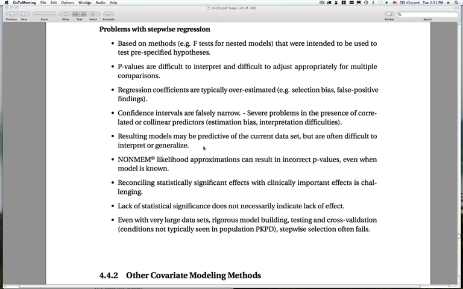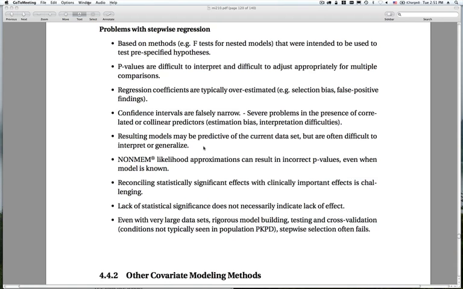In NONMEM, our likelihood approximations here are known to result in incorrect p-values, even when you know the underlying model. And simulation studies have demonstrated this time and time again. So that's another concern: is the likelihood ratio test actually performing the way we think it is? Reconciling the statistically significant effects with clinically important effects is a challenge.